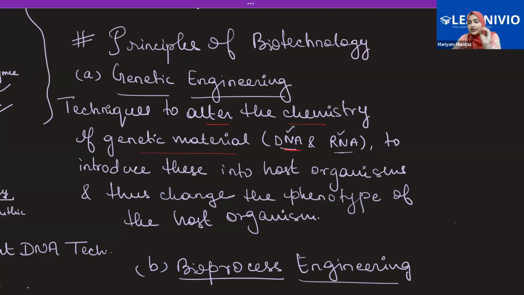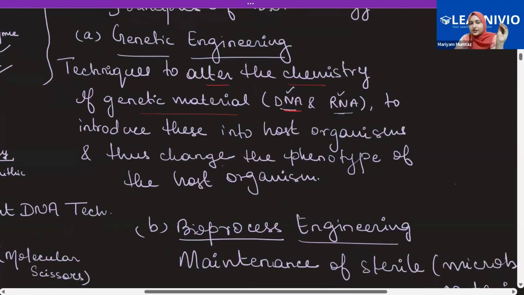We attack the genetic material and alter it. Maybe we add something to it, or maybe we subtract something from it. But all in all, we alter in either of the cases. And then after altering, we introduce these into the host organism and then change the phenotype of the host organism.